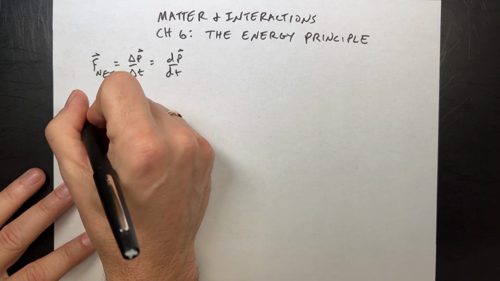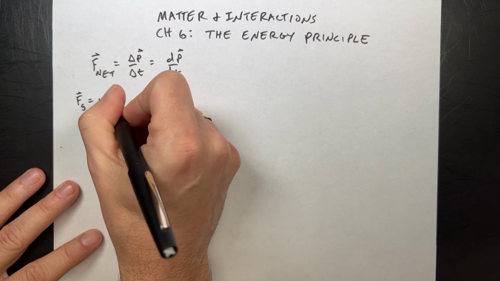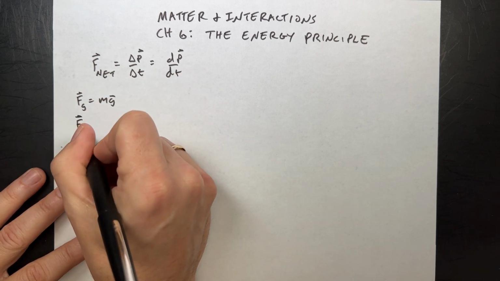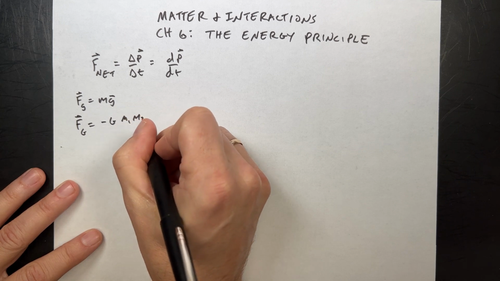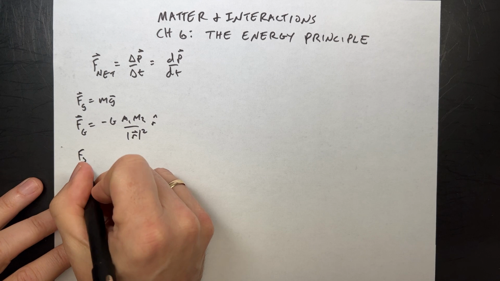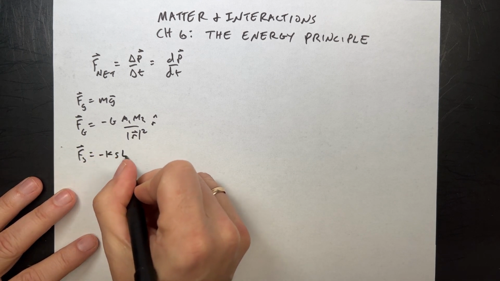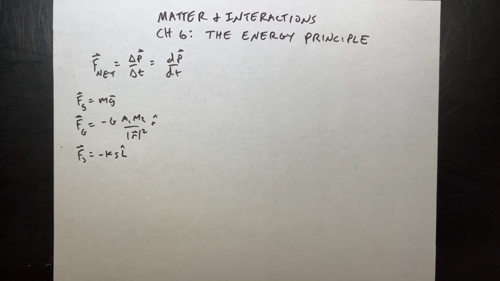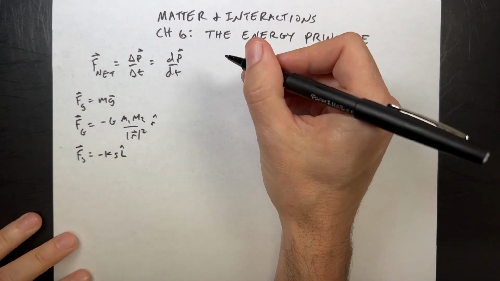So we really did 2 things with that. Number 1, we had special forces, like the gravitational force is mg, or the real gravitational force is negative G m1 m2 over r squared r hat, or the force due to a spring is negative k s l hat. We did all these forces, and if you know the force, you can say something about the change of momentum. Or we knew something about the change of momentum.